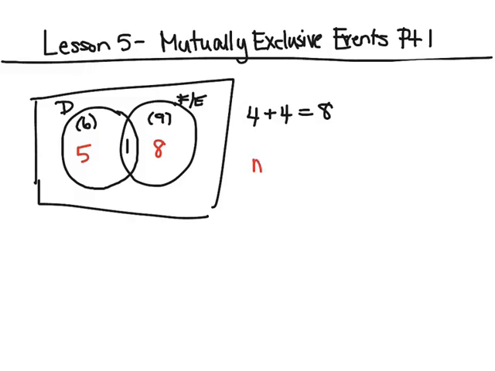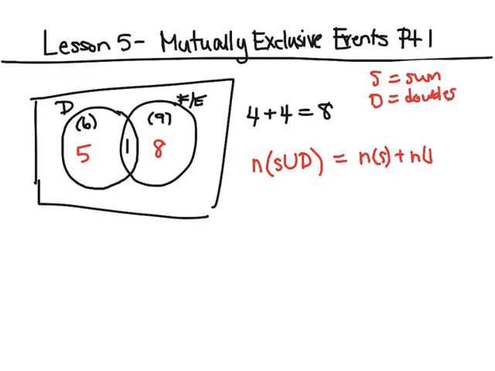So we have n of s or d is equal to the number of s plus the number of d minus the number of s and d. I don't know why I'm using s and d. Oh, sum. I get it. So s is sum, d is doubles.